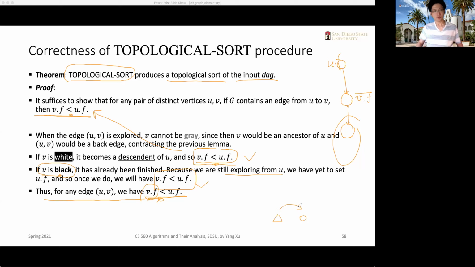Okay, so this is a straightforward proof, and intuitively it's very reasonable. I would encourage you to go through the detailed proof in the textbook, and it will help you better understand how we can utilize the finishing time returned by DFS to conduct such a topological sort algorithm.